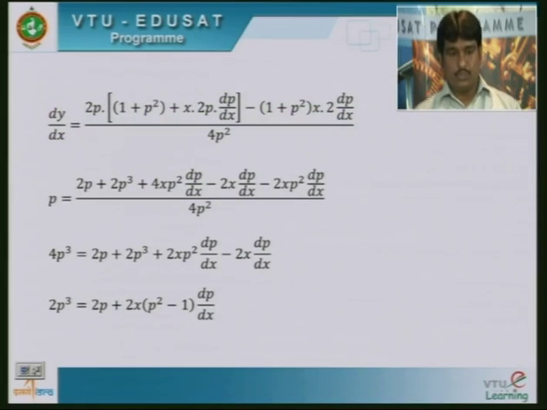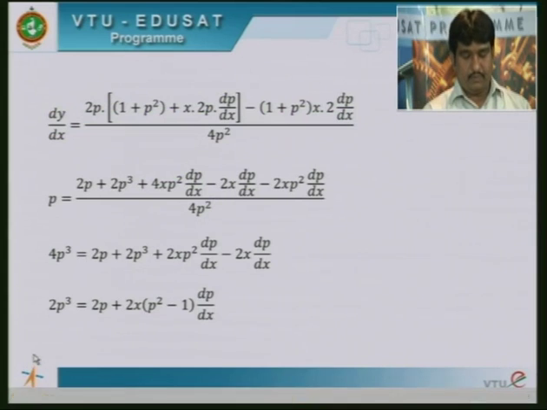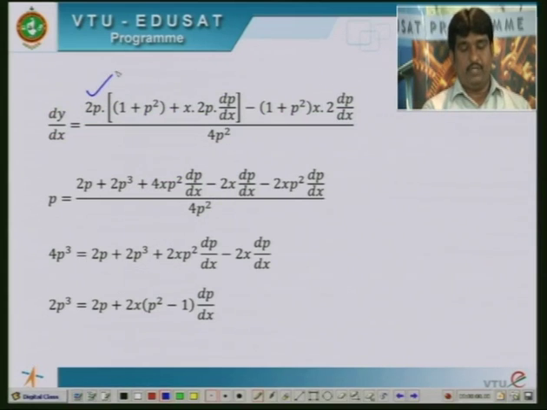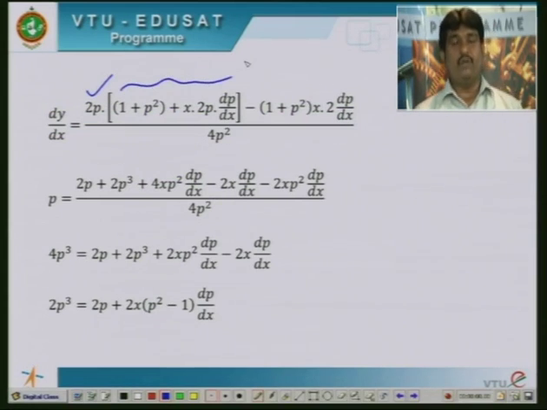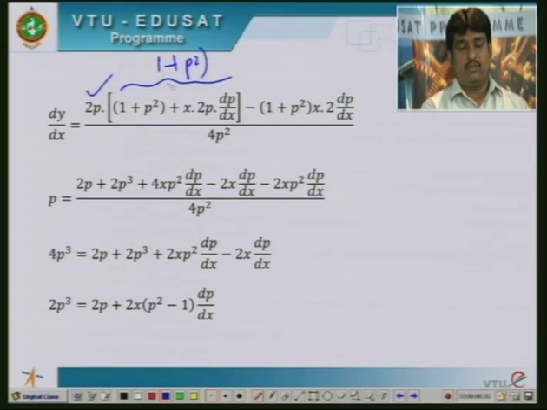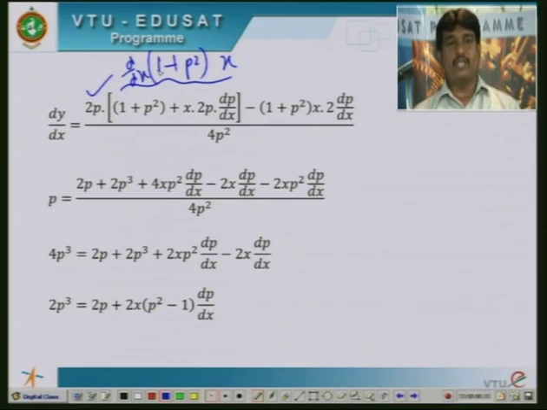dy by dx equals denominator, this 2p is the denominator. Now this is the derivative of 1 plus p square into x with respect to x. First function 1 plus p square as it is, derivative of x is 1, plus second function x as it is.